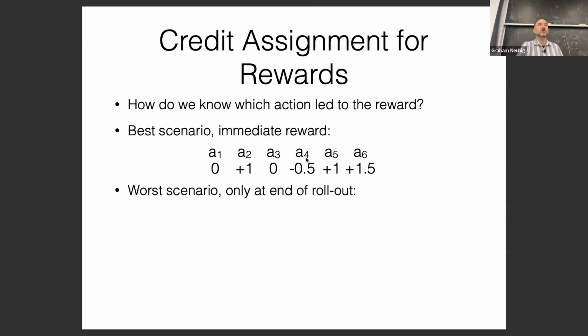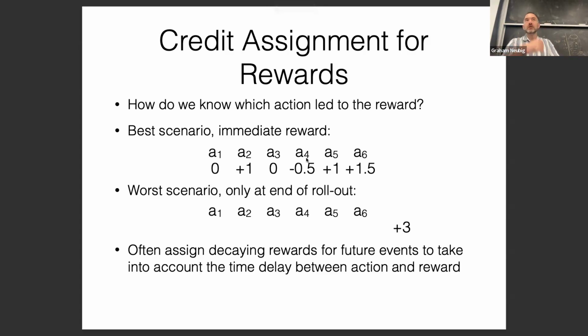The worst scenario is that we only get it at the very end of a rollout. So this would be an example where a dialogue system that's trying to book an airline ticket for you gets a reward after talking to you for 10 minutes. And you don't know exactly where it went off the rails.